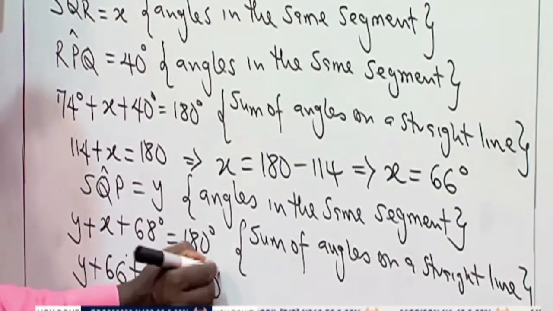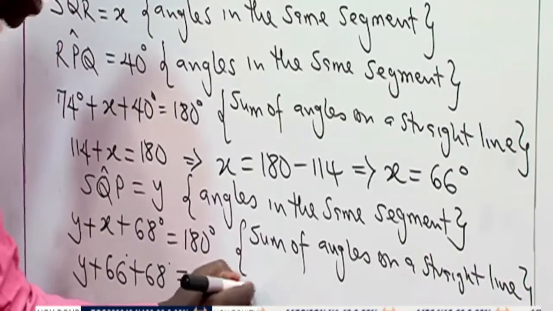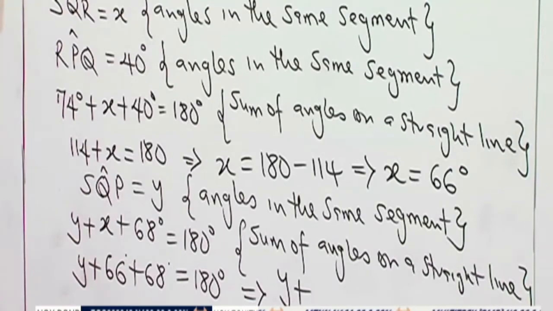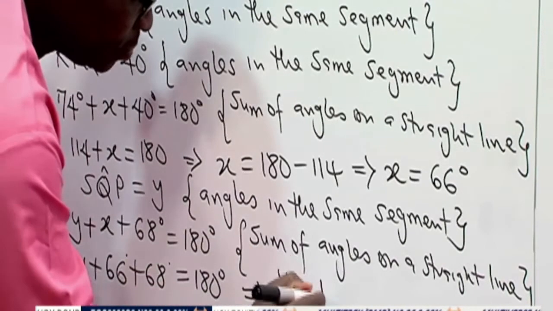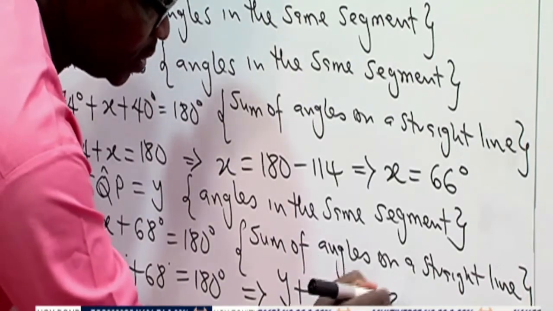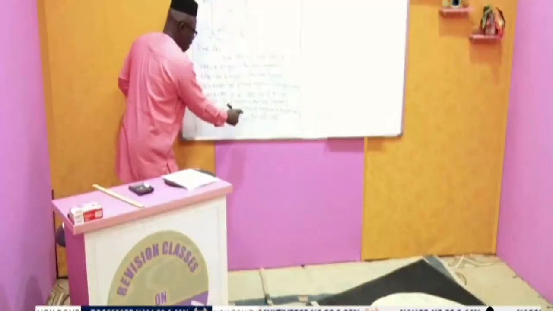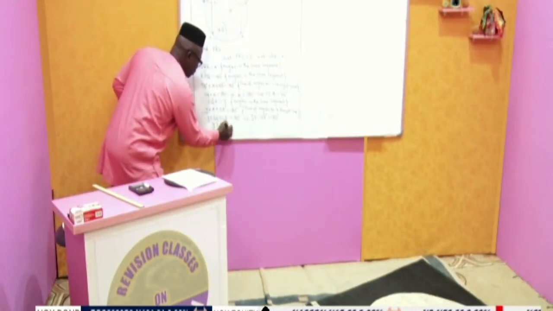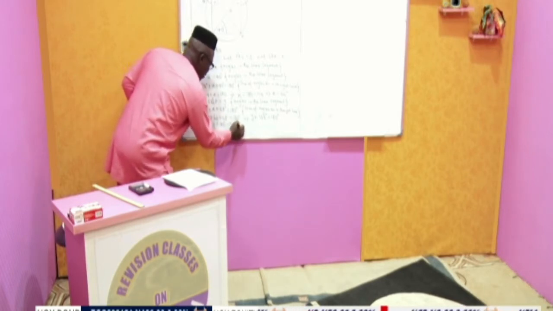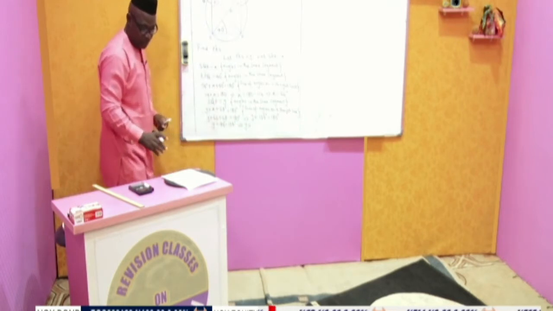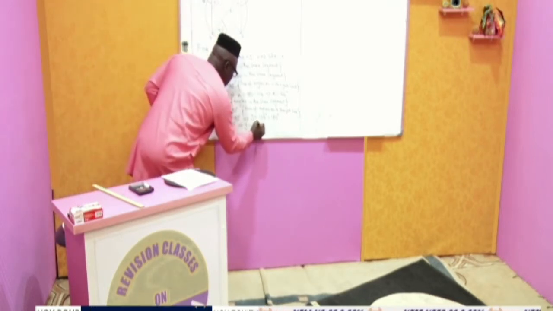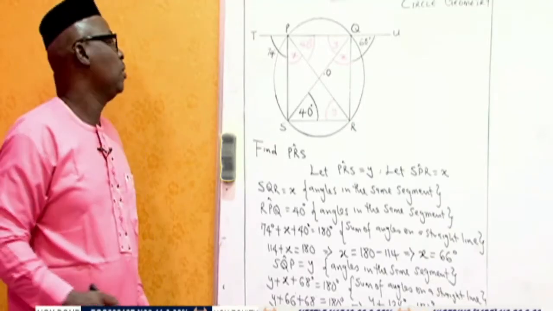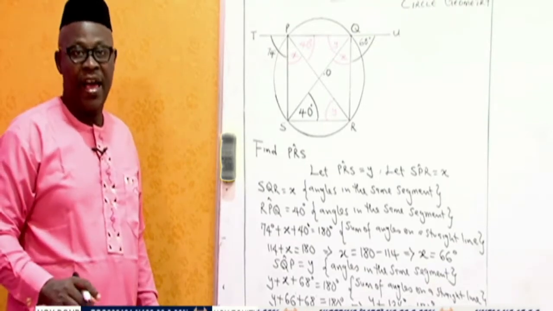All is 180 degrees. That implies that angle y plus 66 plus 68 is going to be 134. All is still 180 degrees. And when we collect like terms, y is going to be 180 minus 134. And that implies that y is going to be 46 degrees. This is all that is required for us to get the value of y, which is angle PRS.